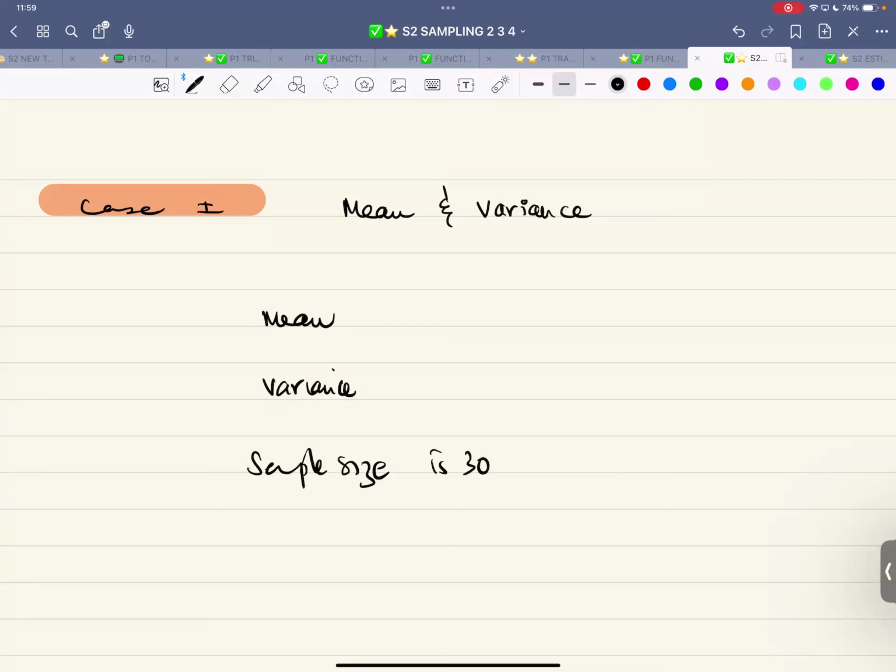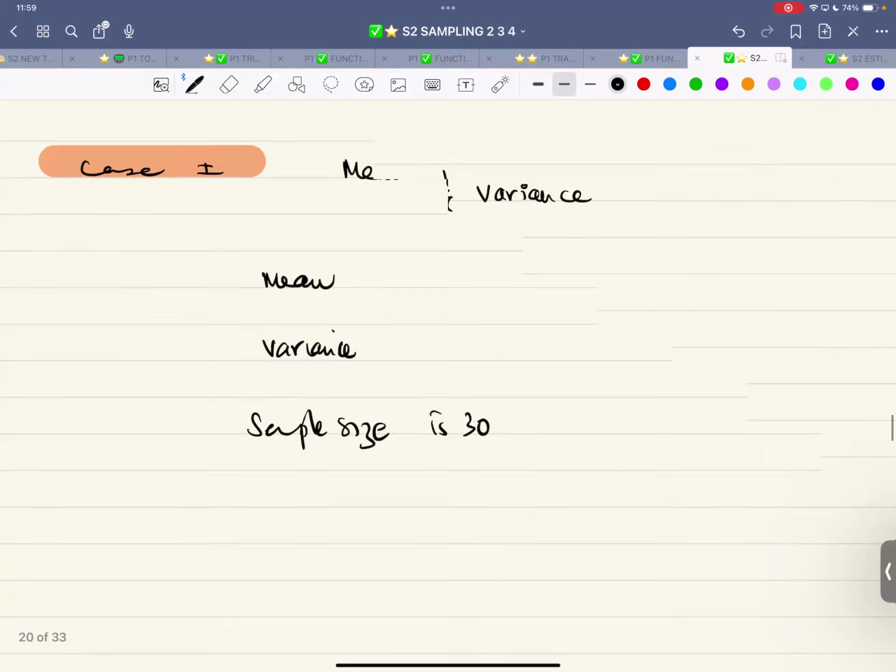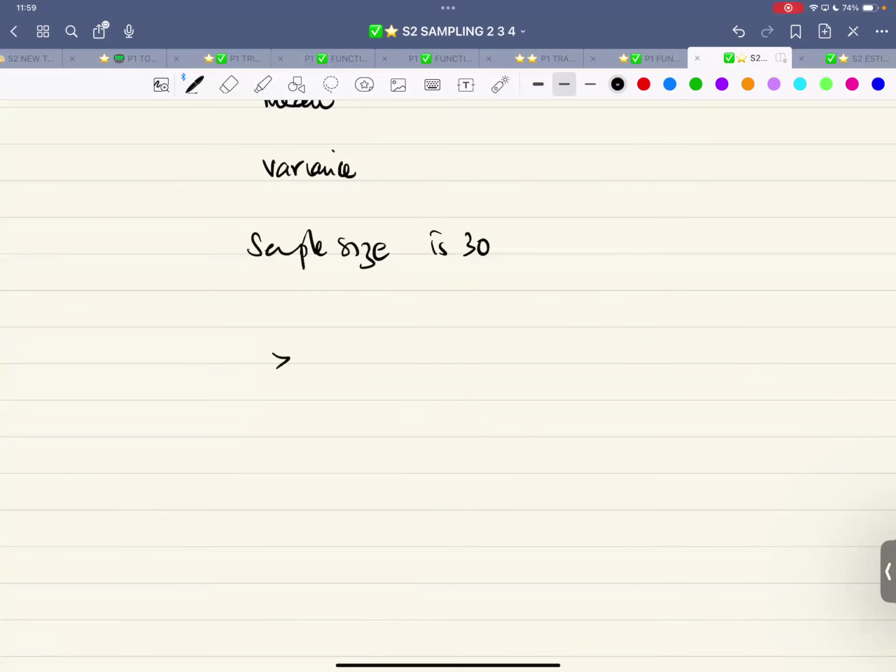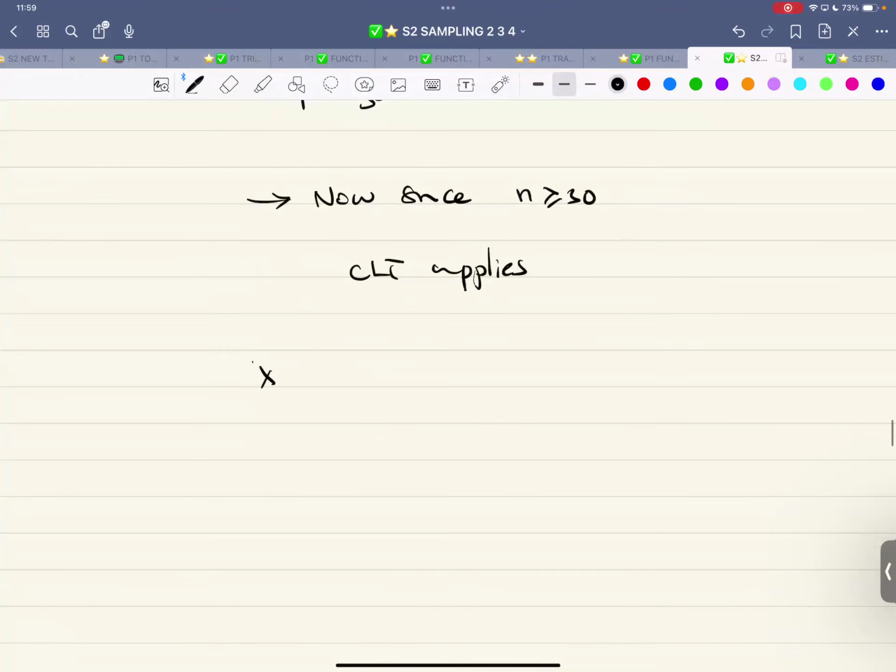Even though it's not specifically stated that it follows the normal distribution, since n is greater than or equal to 30, CLT applies, and we can make it a scenario of sampling distribution. X bar follows the normal distribution. The mean will come over here. The variance will come over here, divided by n, where n is the number of samples. And then you can just work it out.